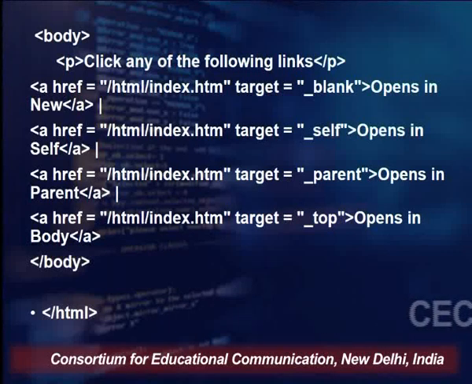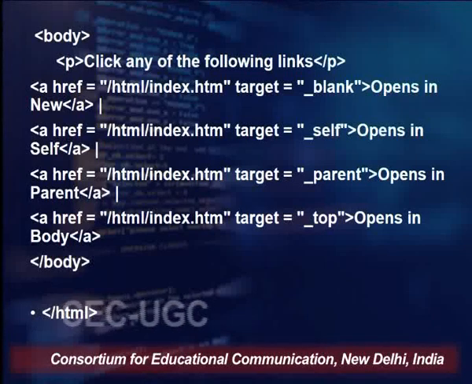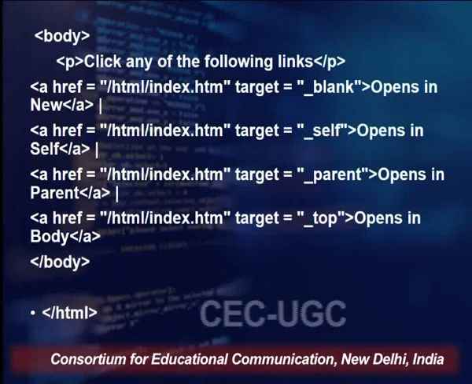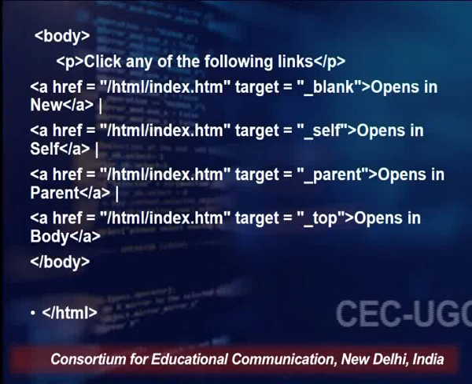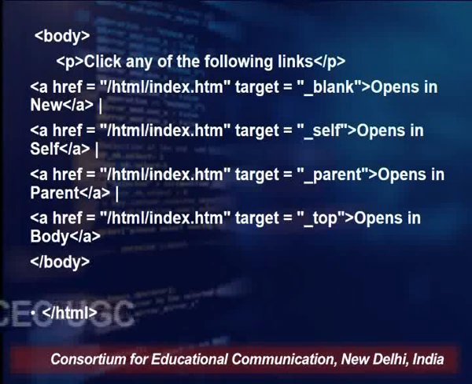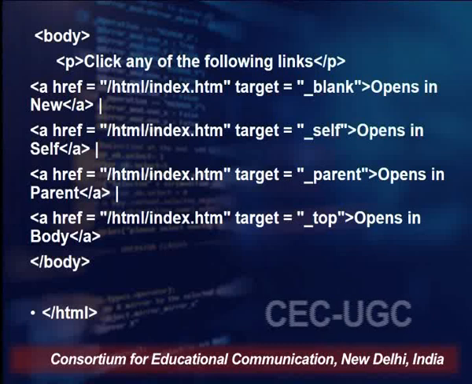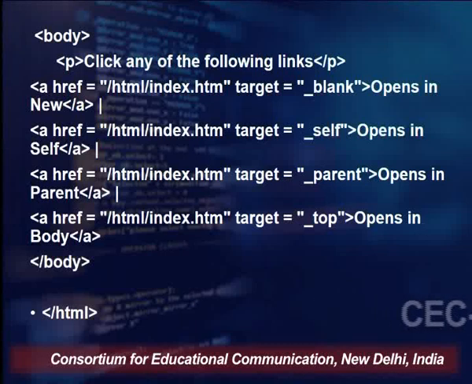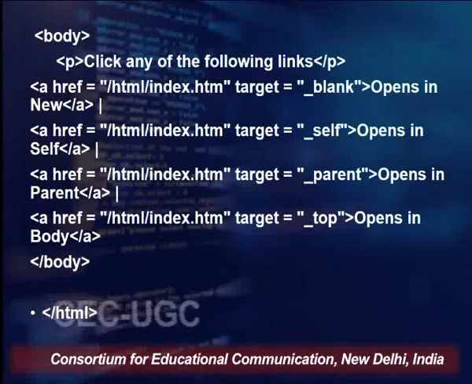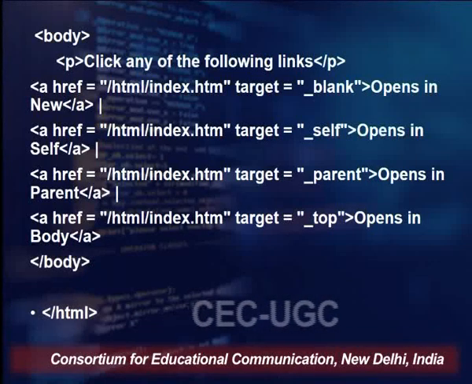Please notice here the destination link is the same for all. The difference these four links carry is how, or the location on which, each link is going to open.